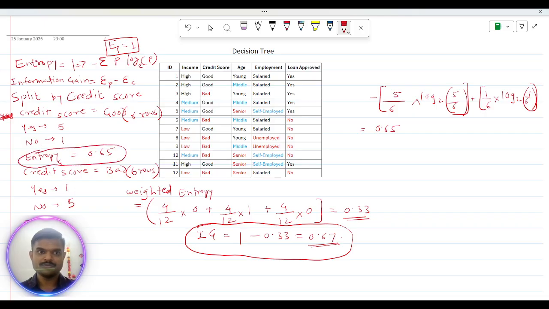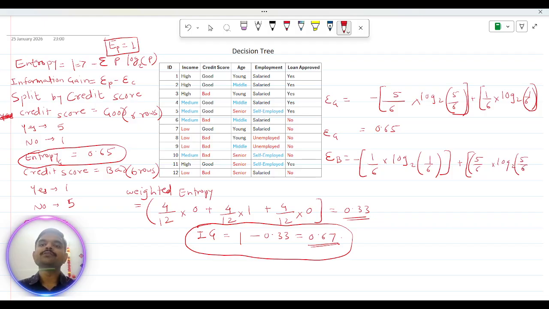Now for bad, it is minus of, for yes, 1 by 6 rows multiplied by log to the base 2 of 1 by 6, plus 5 no out of 6 multiplied by log to the base 2 of 5 by 6.